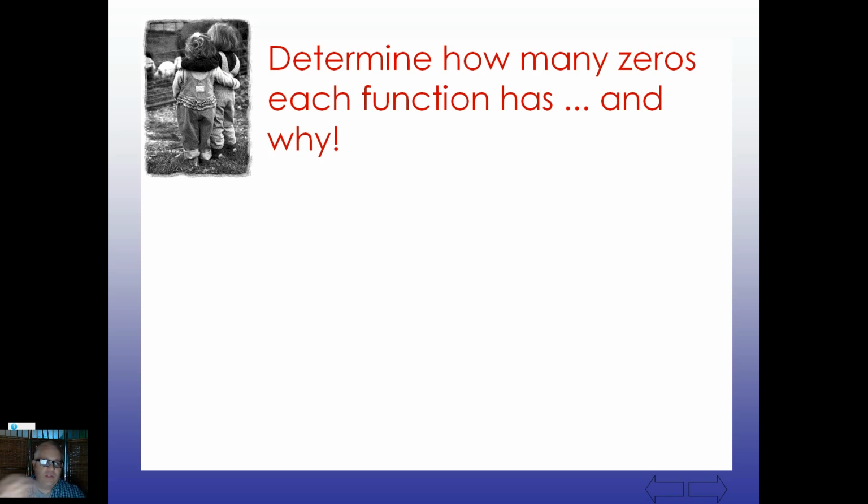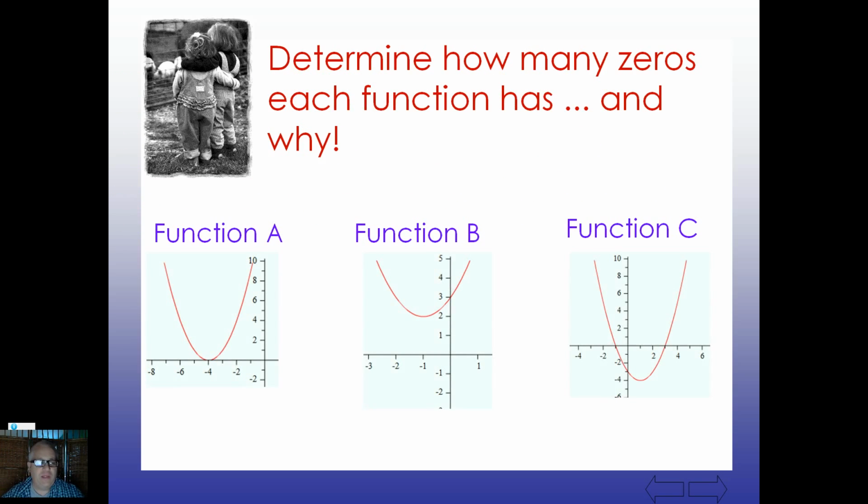Alright, so let's take a look just as a quick overlap. Determine how many zeros each function has and why. So take a look at these. Here's function A, B, and C. Look at function A. Tell me how many zeros you have there.